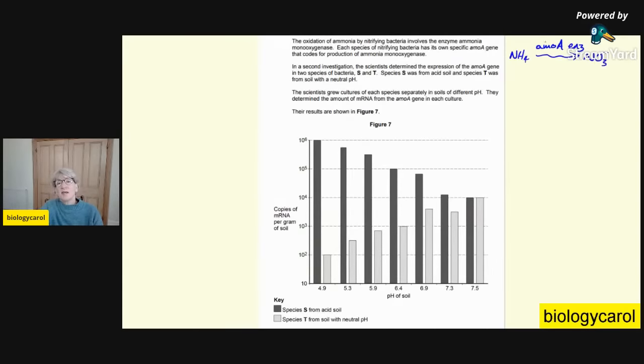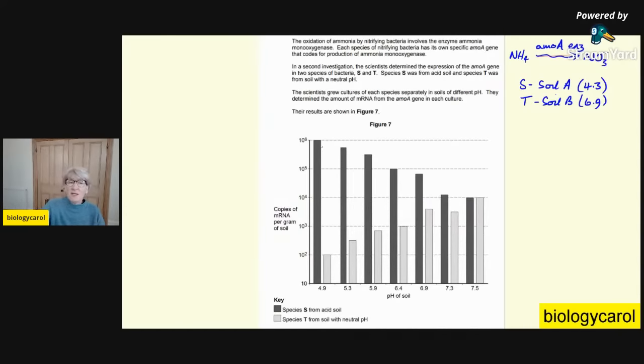So here am I just saying, oh, look, it's the AMO-A enzyme that does this nitrification. S is soil A, the acid one, and T is soil B. They grew cultures separately in soils of different pHs. They determined the amount of mRNA from the AMO-A gene in each culture.